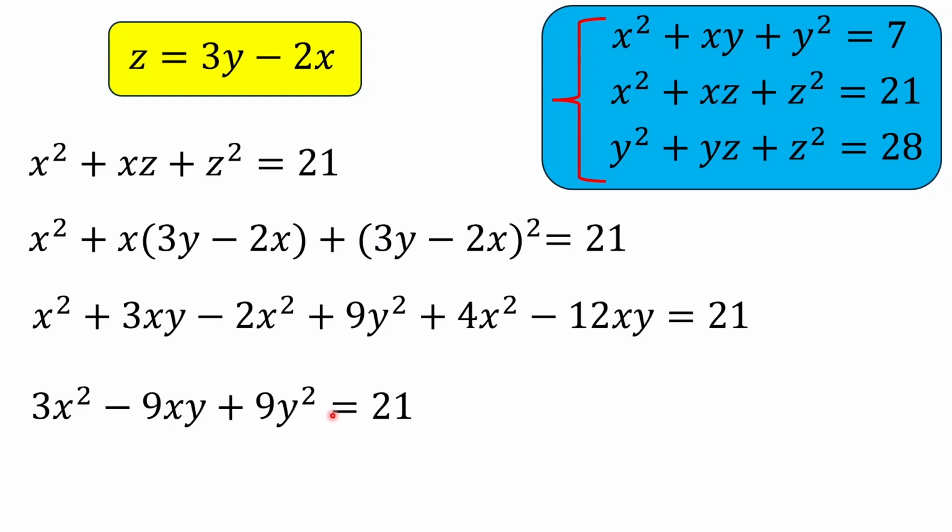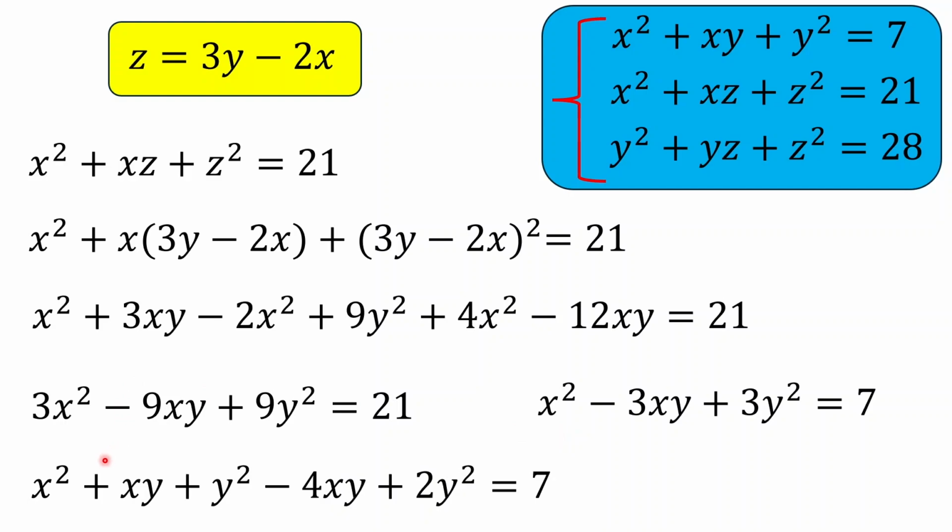We can divide both sides by 3. Okay, so this gives us x² minus 3xy plus 3y² is equal to 7. Now we can rewrite this a little bit so that we use the first equation in this equation that we obtained. So basically we write it as x² plus xy plus y² so that we create the first equation.